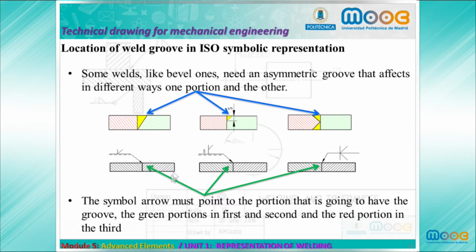That is, in these cases, green, and red. This corresponds to green, this corresponds to green, this corresponds to red, is where the arrow is pointing. It's the portion where the arrow is pointing.